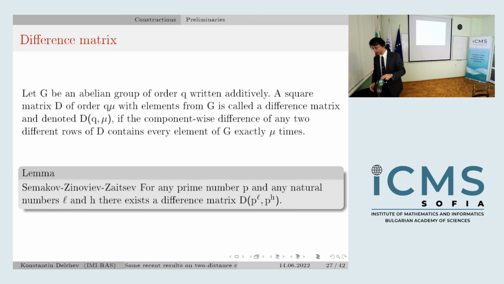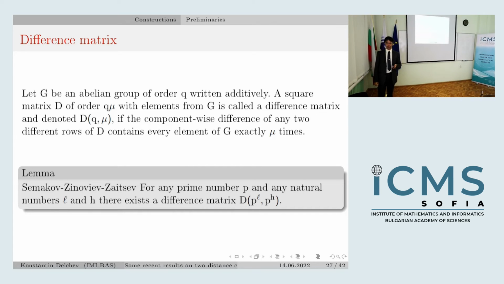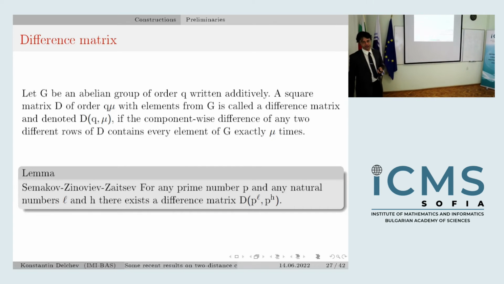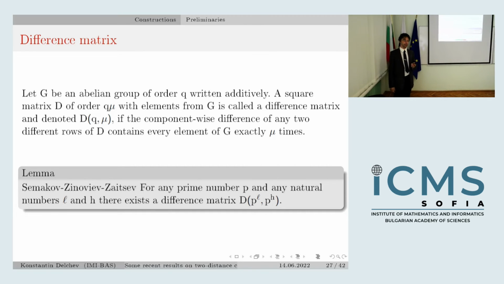A classical result by Semakov, Zinoviev and Zaitsev says that for any prime number P and any natural number H, there exists a difference matrix D of parameters P^H and P^H.